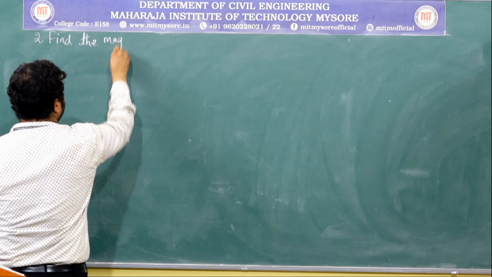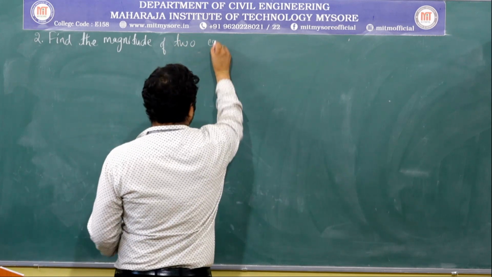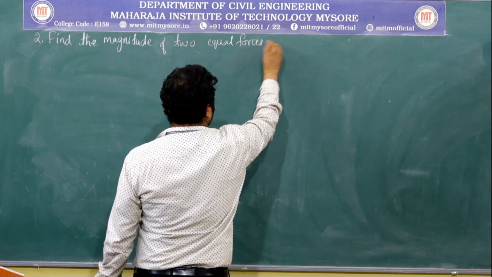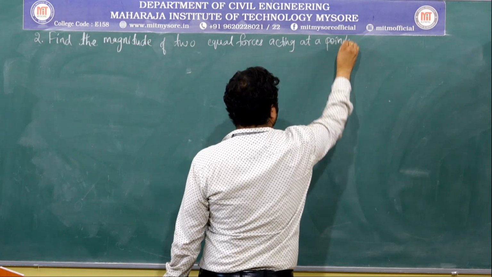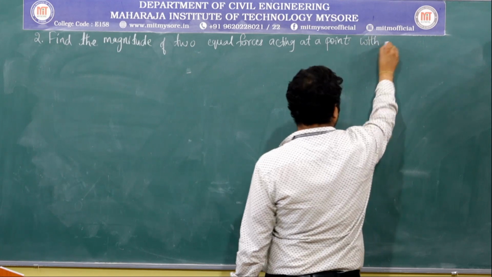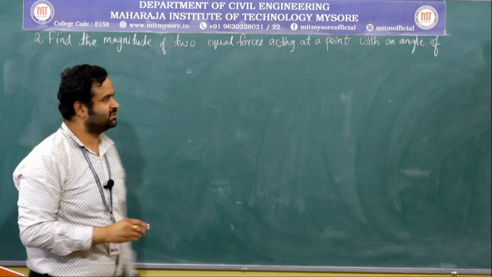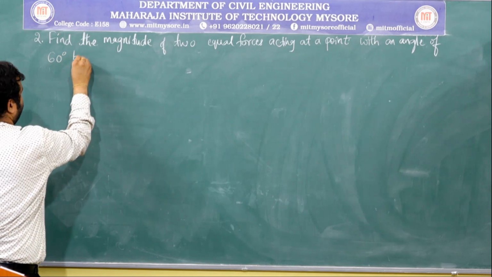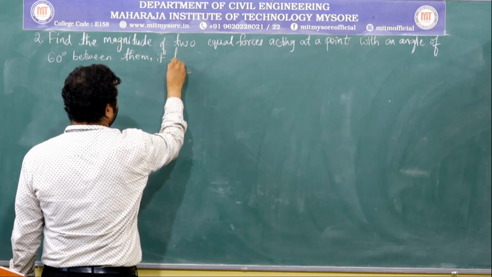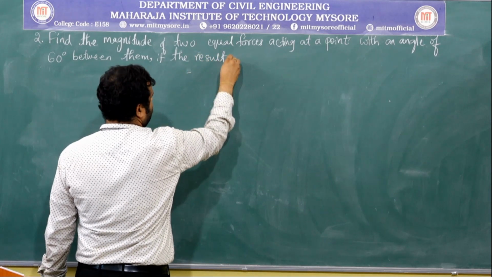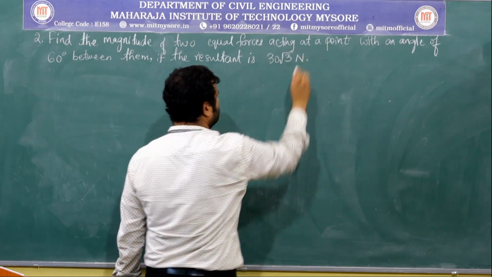Find the magnitude of two equal forces acting at a point with an angle of 60 degree between them, if the resultant is 30 root 3 Newton.